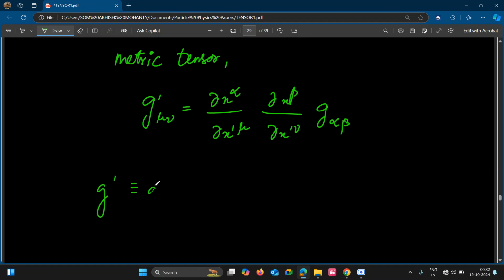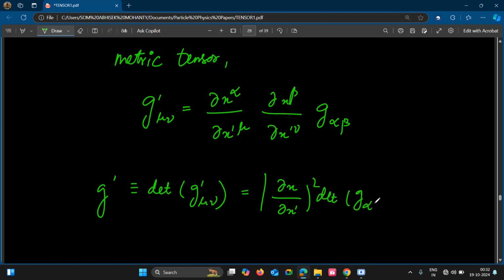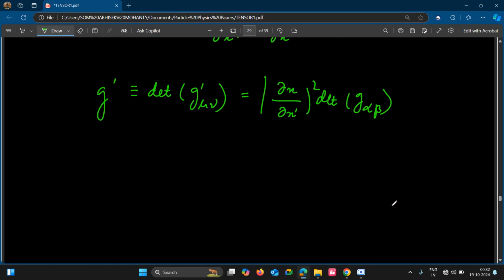So g' is equal to the determinant of g'_μν, correct? So we can write (∂x/∂x')² times the determinant of g_αβ. Okay, so we can write it as (∂x/∂x')² g.